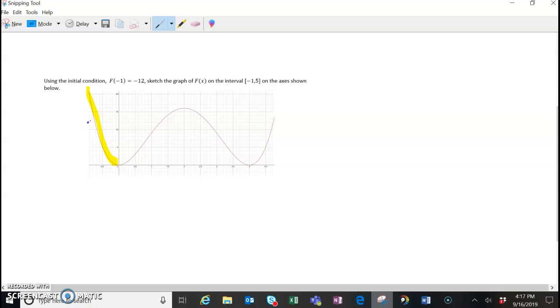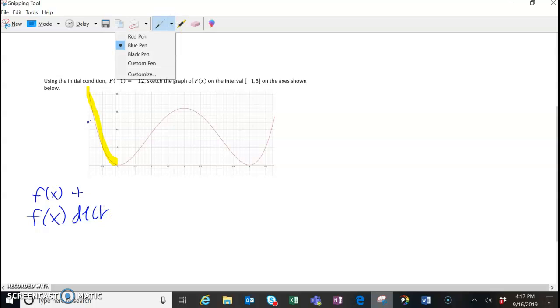For example, for this highlighted piece, two things are significant about f of x. First, f of x is positive because I'm anchored above the x-axis, and additionally, f of x is decreasing on that highlighted window.